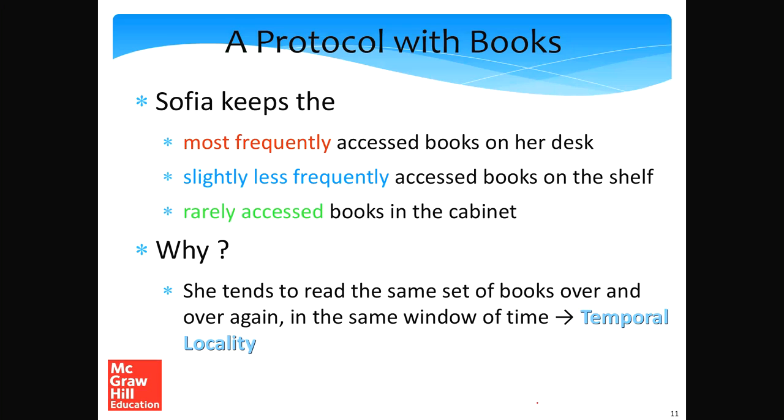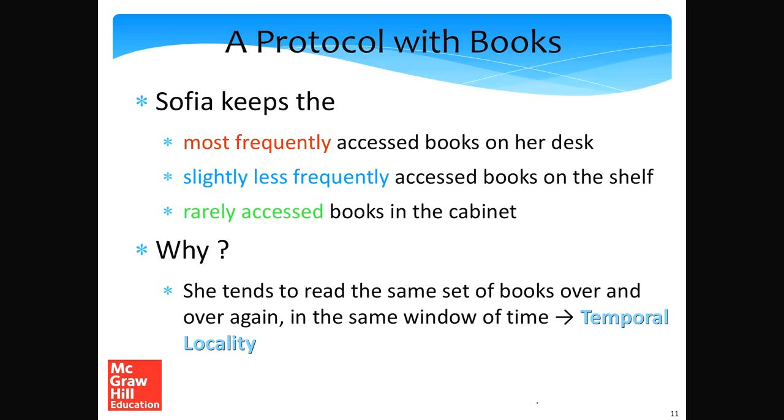The right way will be for Sophia to keep the most frequently accessed books on her desk, the books that she is reading. For example, if she is preparing for an exam, she can keep the books that are the most related to her course, to her exam, on her desk.